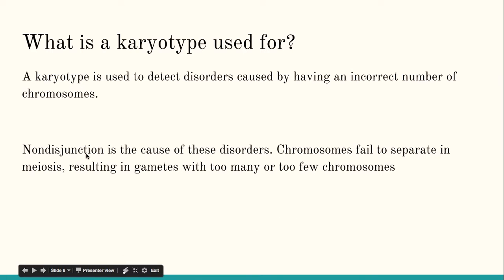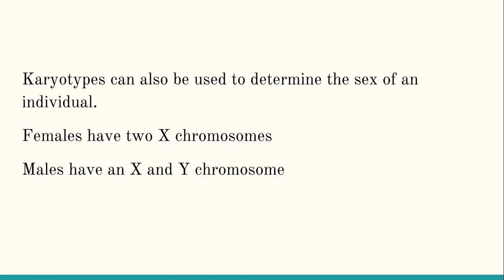Remember, non and dis both mean not, and junction is together. Basically, this is where the chromosomes, during meiosis, fail to separate, and you end up with either a sperm cell or an egg cell that has, instead of 23 individual chromosomes, either too many, say 24, or too few, say 22. So non-disjunction causes these disorders that we use a karyotype to detect.